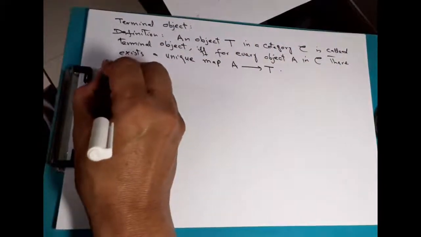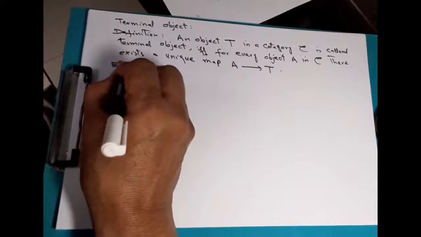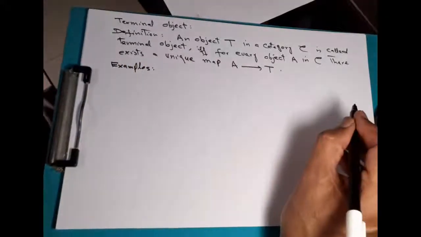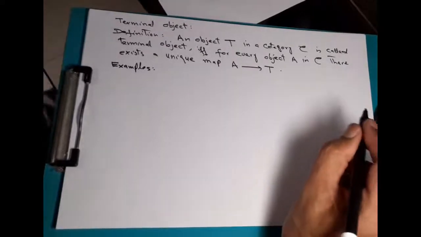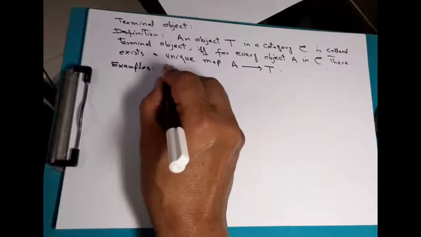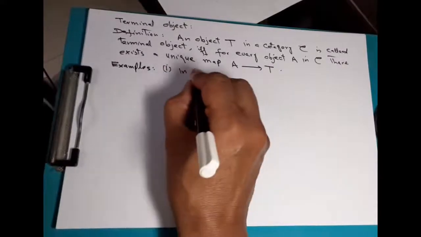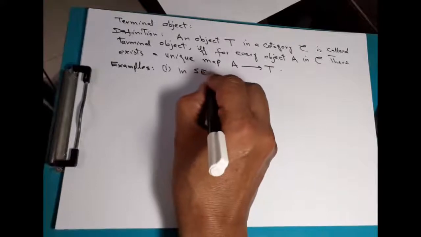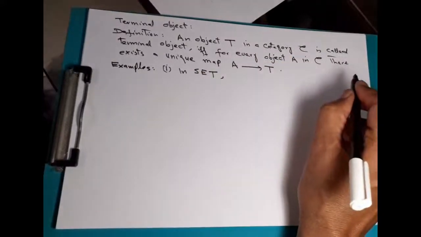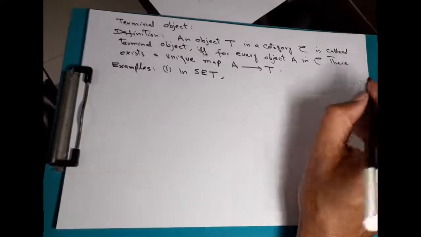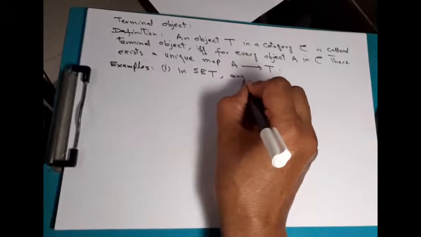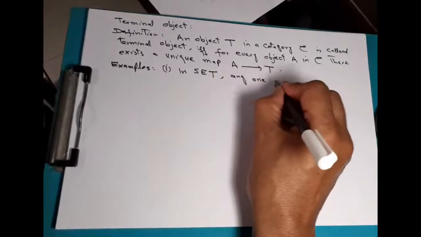To see what examples are, in Set, the category of sets and functions, the one element set is the terminal object.